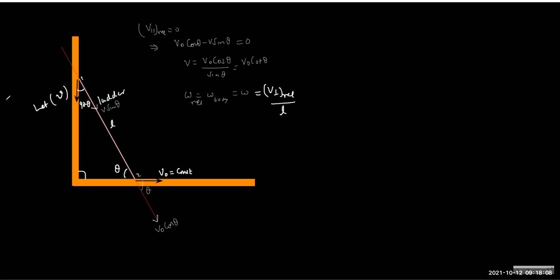V naught cos theta by L. No. So you also miss the point of taking the V perpendicular relative. First, you resolve the velocity in the perpendicular direction and then take the relative. That's easy. And I hope that you remember how to take the relative of two particles.